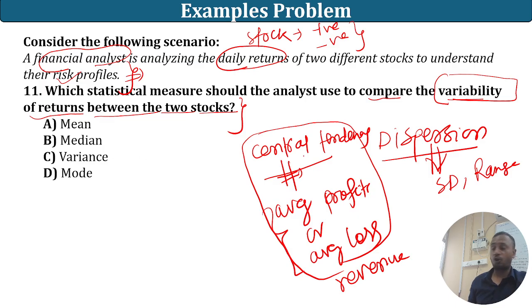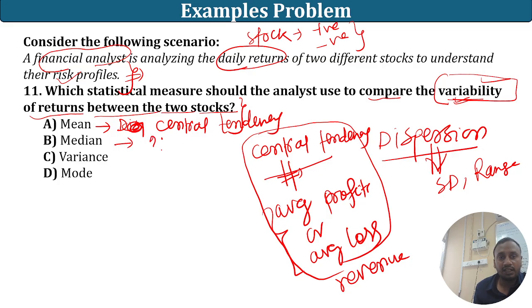Now we'll come back to the options. First one is the mean. Here we have the keyword to see, which is variability. Variability is always dispersion, not central tendency. The mean is a central tendency.